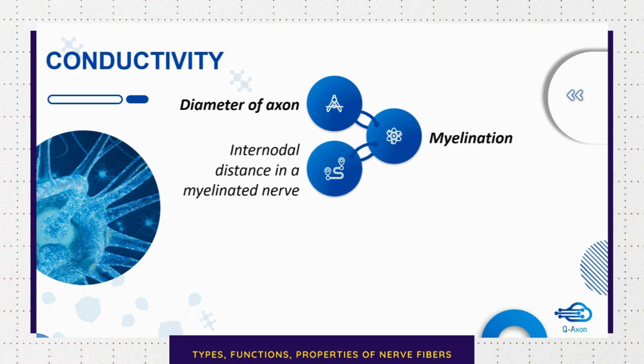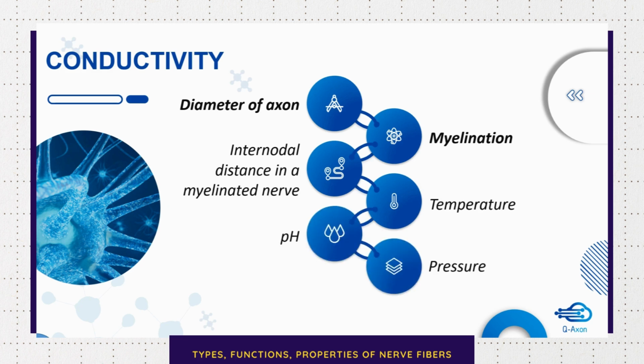And likewise, in a myelinated nerve, the distance between the nodes of Ranvier influences the conductivity. So, the more the internodal distance, the longer is the jump of the action potential. Therefore, faster is the conduction. There are other factors such as temperature, pH, pressure, and hypoxia, which can also influence the conductivity.